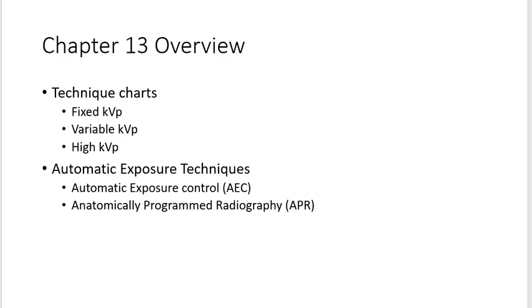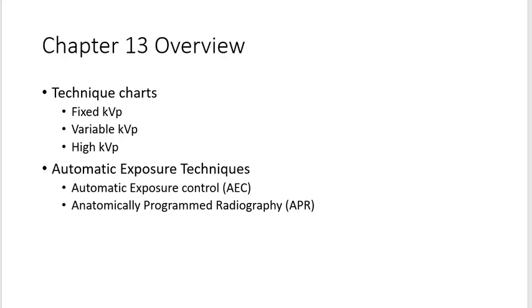And then we've got automatic exposure techniques and different types of equipment configurations where we truly have things like automatic exposures, automatic exposure where you select the cells, the individual exposure cells that you might be using for a particular exam, or what they call anatomically programmed radiography, sometimes also referred to as automatically programmed radiography. And that's probably what you're using more than anything else.